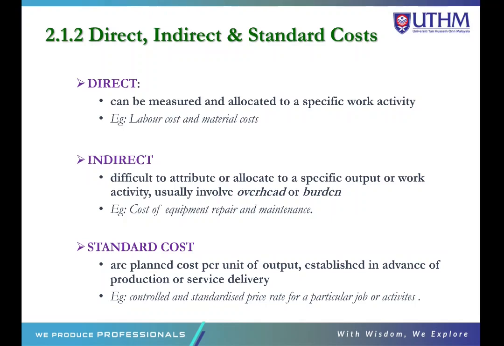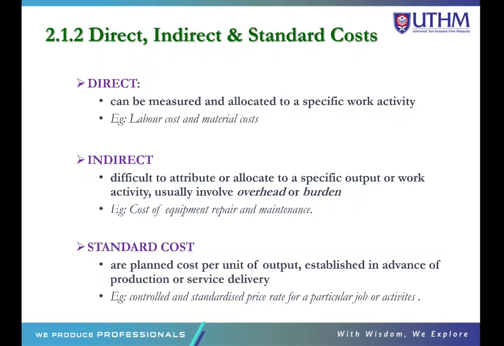It does not directly contribute to the cost of production, but you need to repair and maintain the equipment to make sure that you can run the project. So it is what we call an indirect cost, not considered a direct cost.